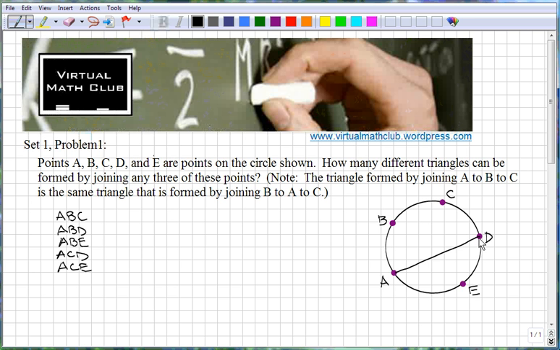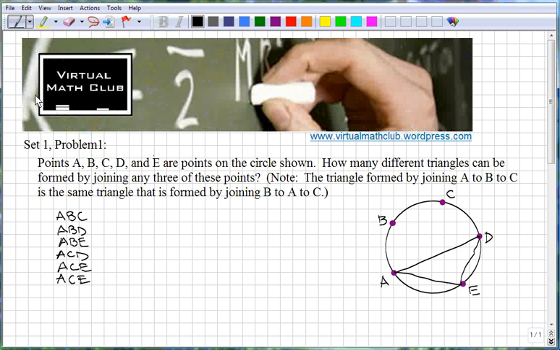And the only additional triangle we can make with a side AD is ADE, because we've already found all the triangles with side AC and side AB, so we can leave those out. So this is the only one that involves vertex A that we haven't gotten so far. So that's it. That's all we can find.